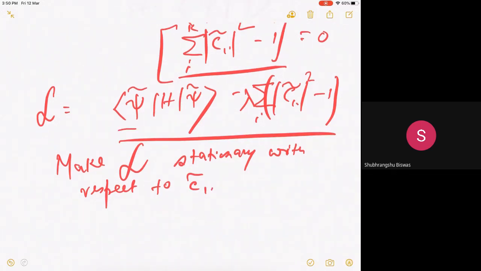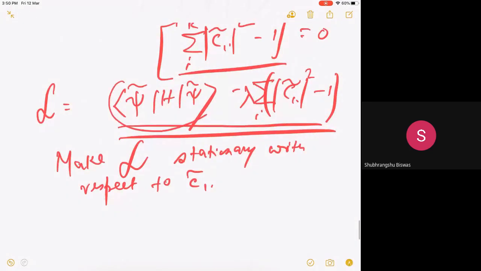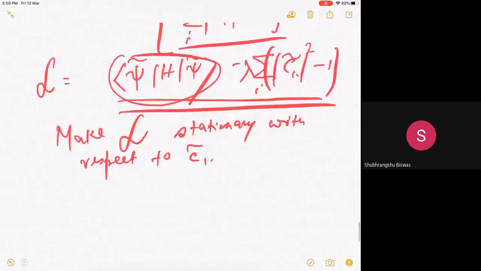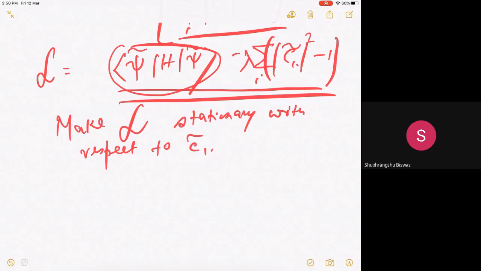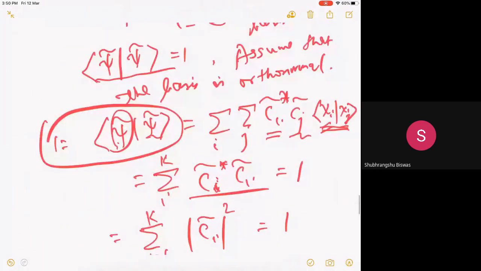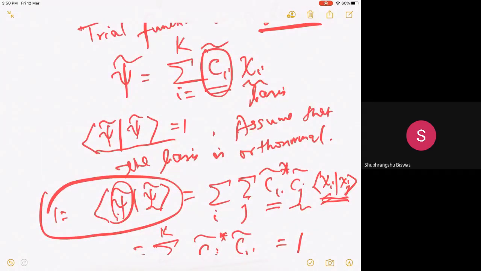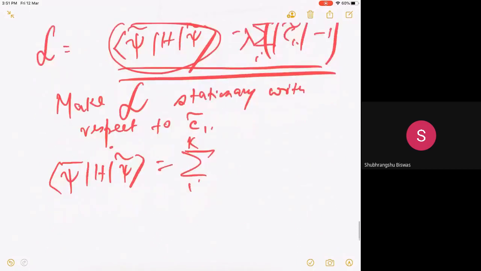So let me try to do this problem. But before I do that, I have to also expand this in terms of c tilde. Exactly the same way that I expanded psi tilde, I will do the same thing. So let me rewrite the left-hand side. What is my psi tilde h psi tilde? Expand the left-hand side by dummy variable I, again in a k basis. So remember, my variation problem is psi tilde is a sum over this k basis. This basis is very abstract at this point. I'm not exactly going to the determinant yet, but this is a general problem that I'm doing.